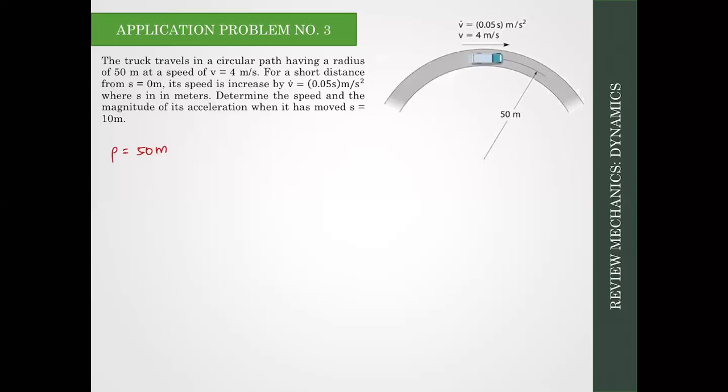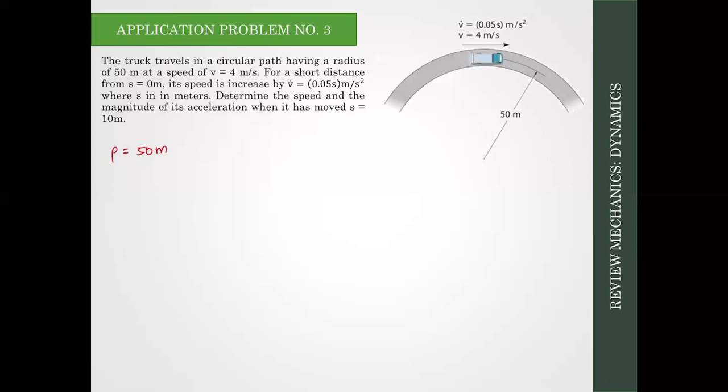So, ito yung velocity natin at 10 meters, no? And then kailangan natin is yung magnitude ng acceleration, and given sa atin yung 0.05 s, no? Pag sinubstitute natin yung 10, yan yung ating tangential, 0.5 meter per second squared. So wala tayo nung normal, which is v squared over rho, that is 4.583 squared.